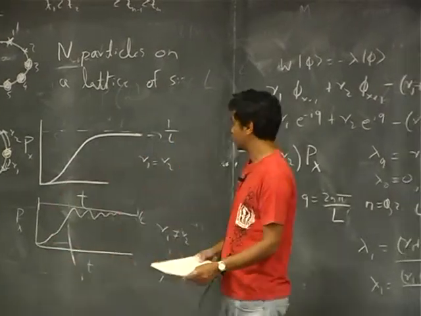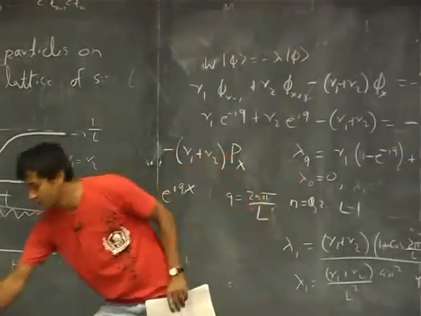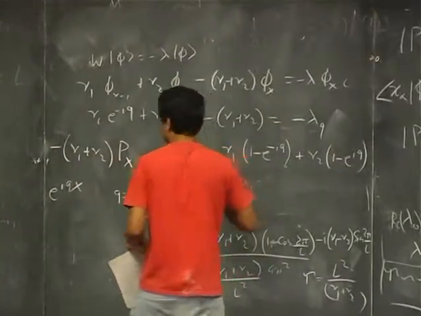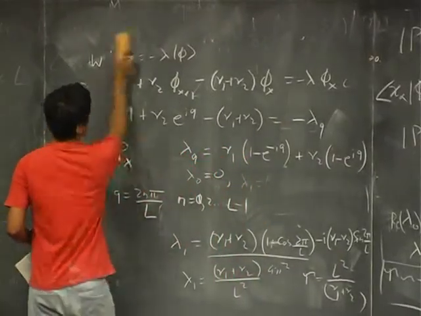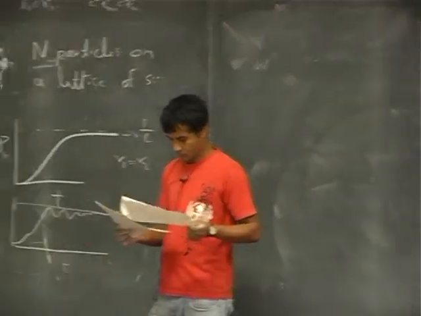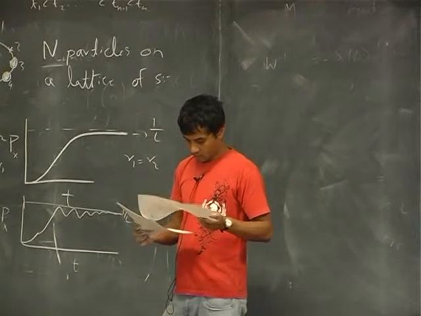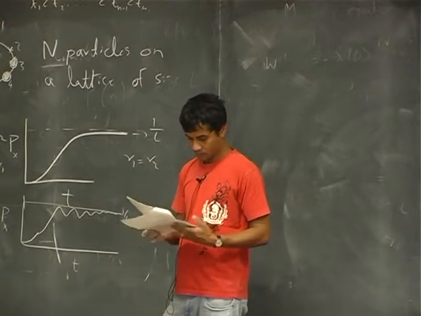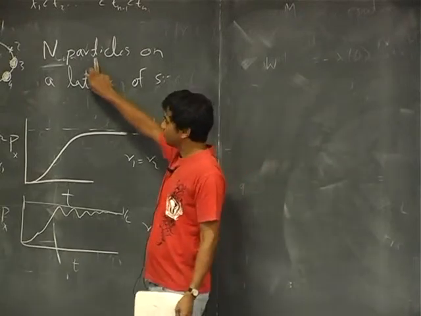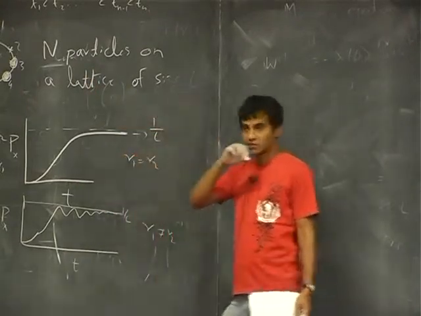So first of all, how do you write the master equation? In this case, you have to specify the configuration space, right?